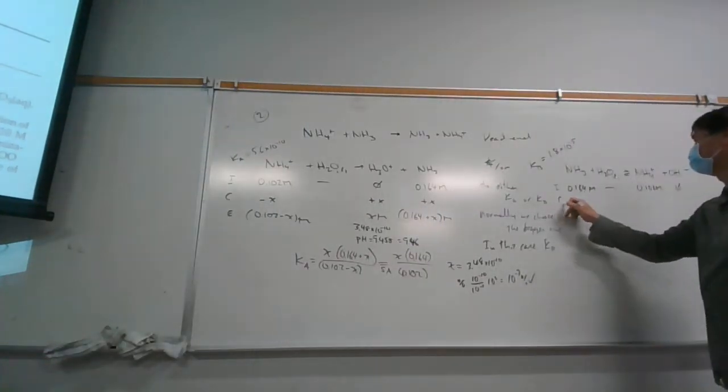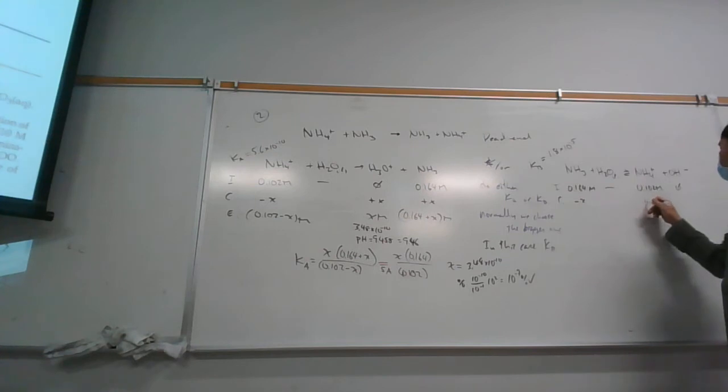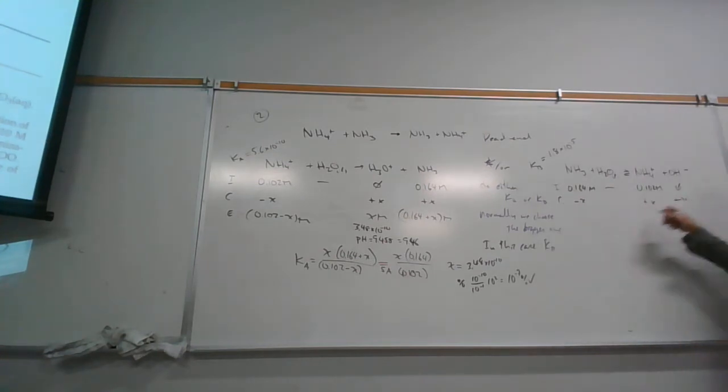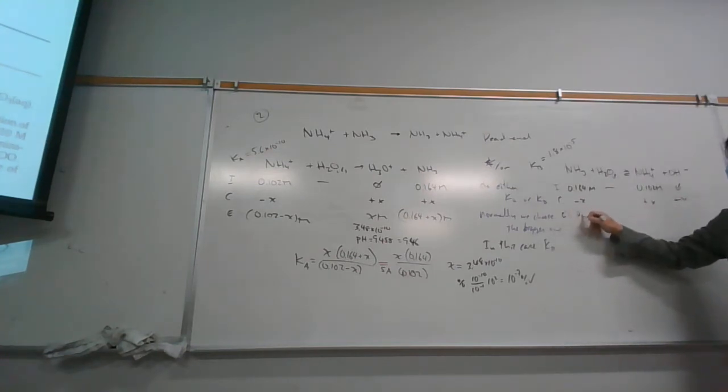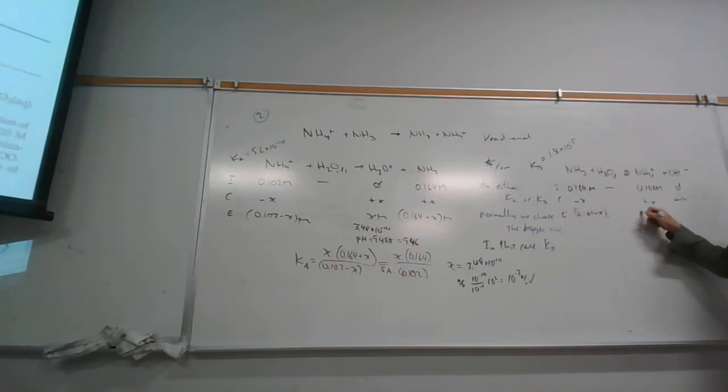All right, let's do this over here. So this would be minus x plus x plus x. And so at equilibrium, I'm going to have 0.164 minus x, 0.102 plus x, and x over here. Let's put this into Kb.